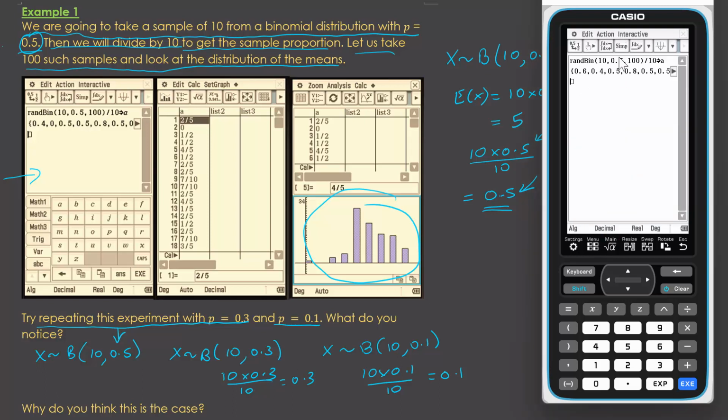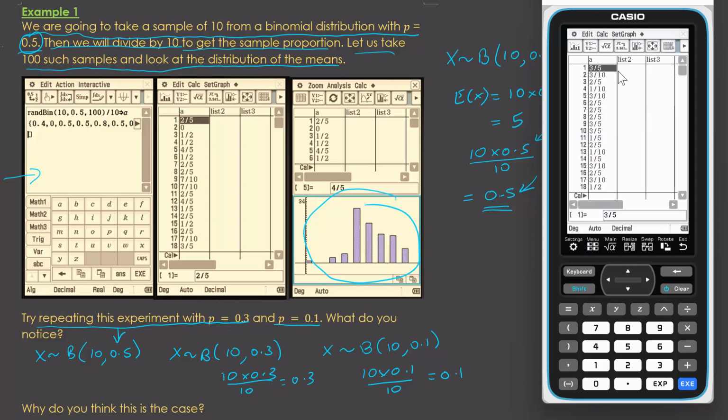So let's make this one 0.3 and execute. And now we've got this new sample. Let's go and plot our histogram. I'm going to make that 0.1 again.